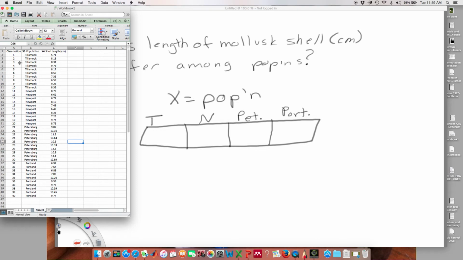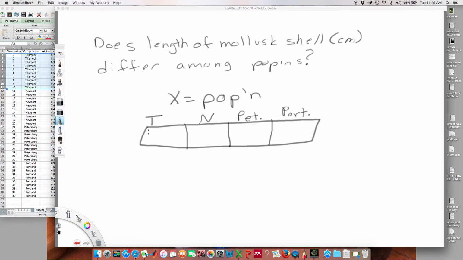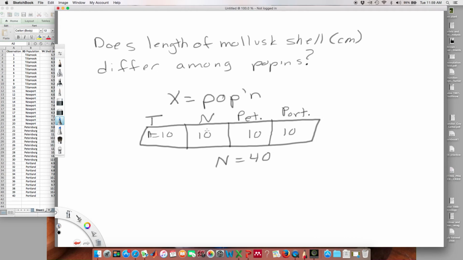And as you can see, I have a total of 40 observations. However, I have replication of 10 individuals. So I have 10 Tillamook individuals, 10 Newport individuals, 10 Petersburg individuals, and 10 Portland individuals for a total observation of 40.